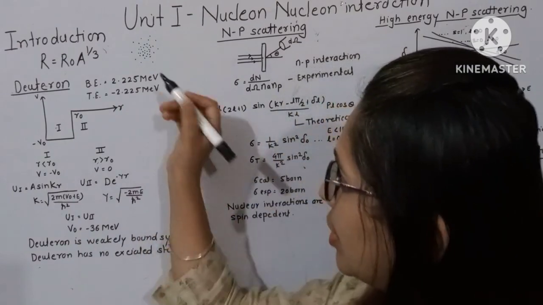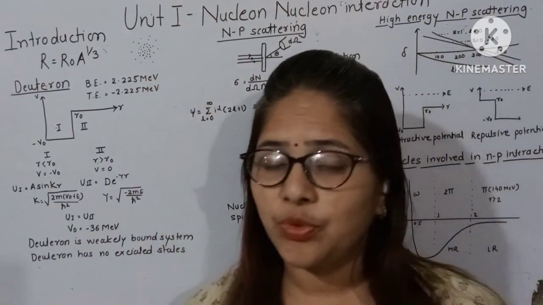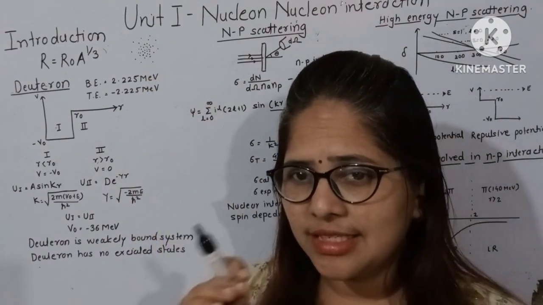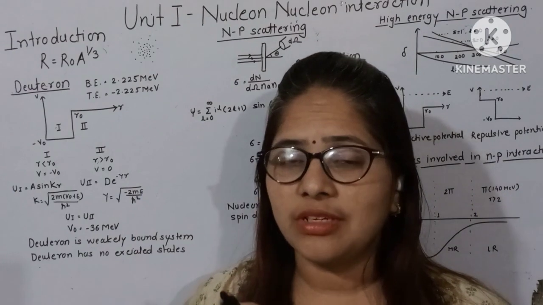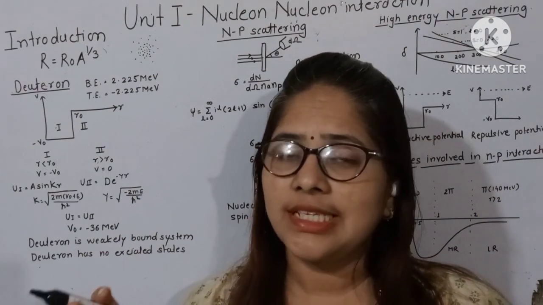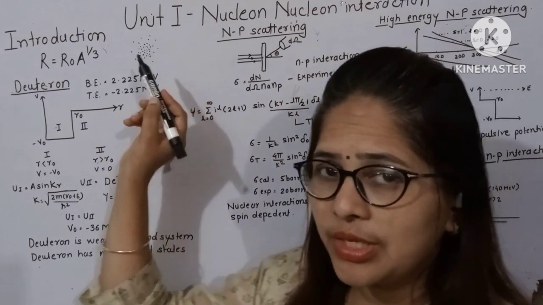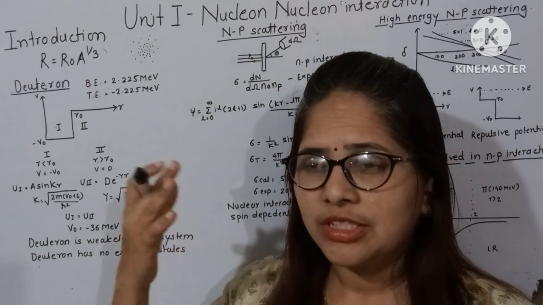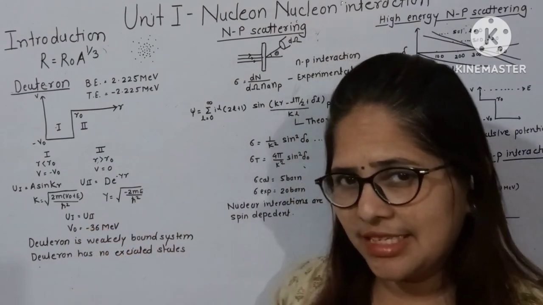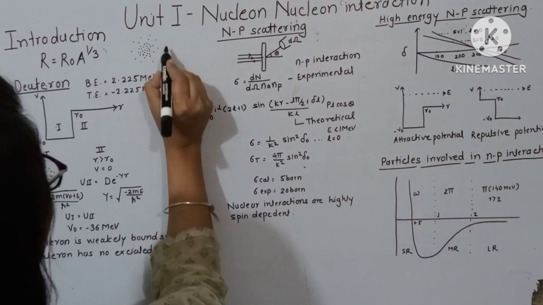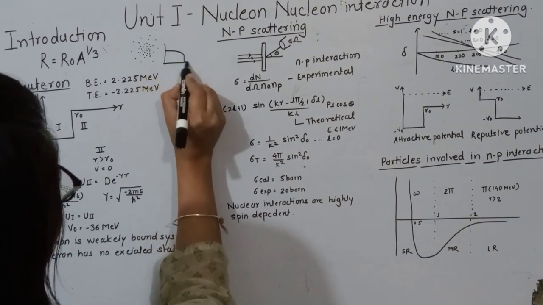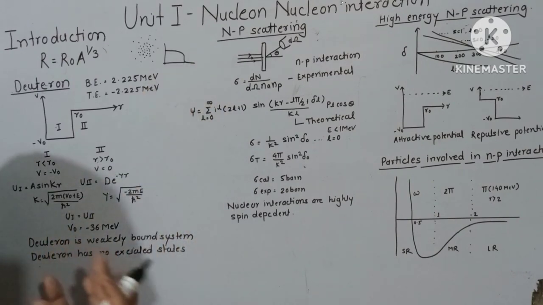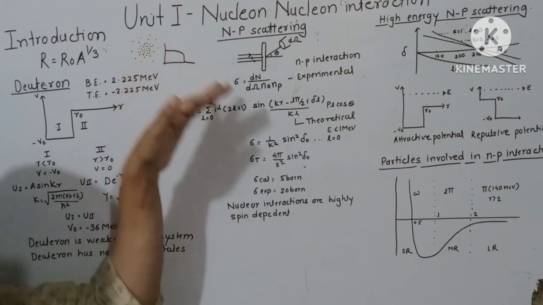This is how generally the nucleus looks. Up to a certain distance the charge distribution is constant, and afterwards it gradually decreases. We have seen the graph of charge density versus distance, in which the charge density remains constant up to a certain distance, and afterwards it goes on decreasing.